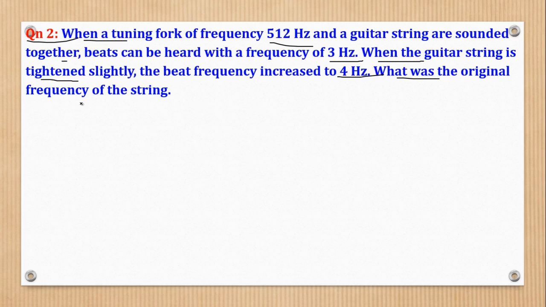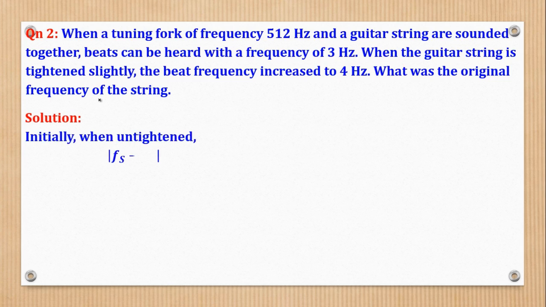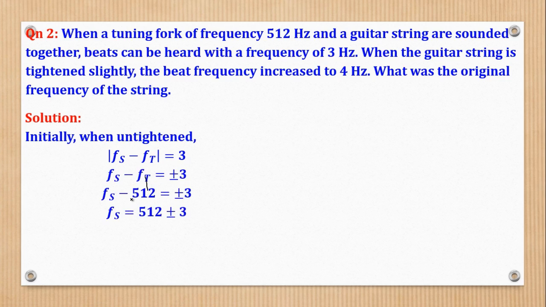What was the original frequency of the string? So still initially, before tightening, we have Fs minus Ft, frequency of the string, frequency of the tuning fork. So remove the magnitude sign to become plus or minus, then substitute for Ft to give you that. Make Fs the subject, you will get two values of Fs.